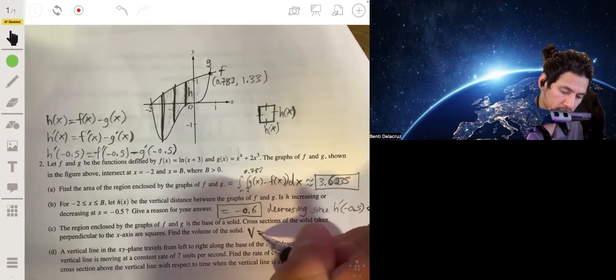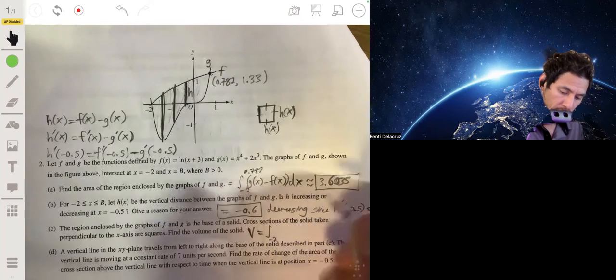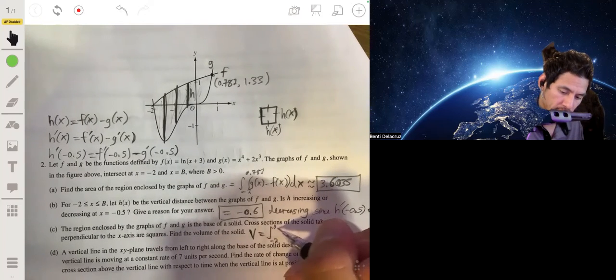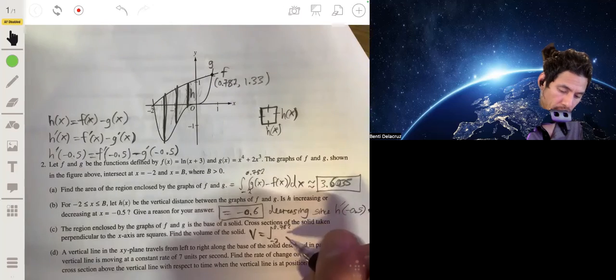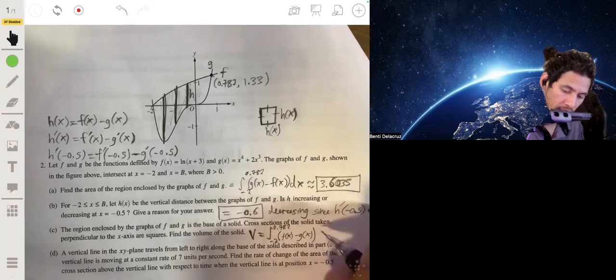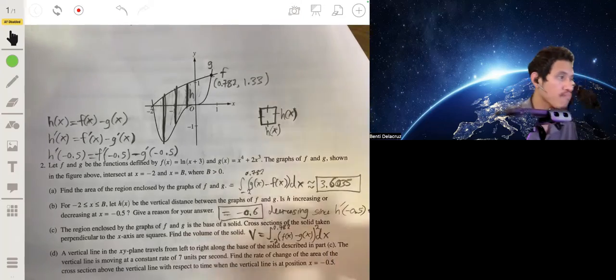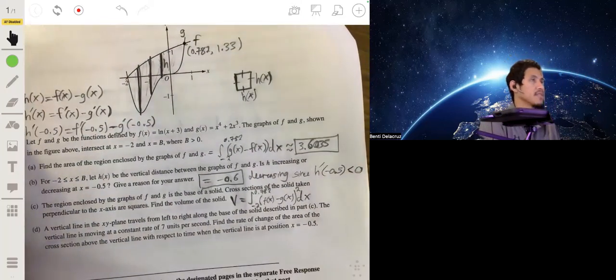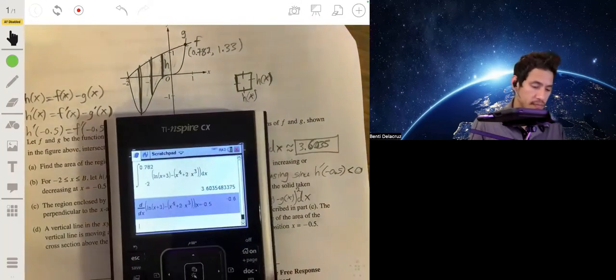So the volume will be equal to the integral from negative 2 to 0.782 of f of x minus g of x, and that whole expression needs to be squared, like that. Again, let's use our calculator to take care of this.